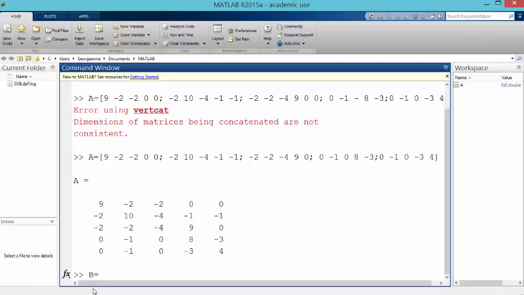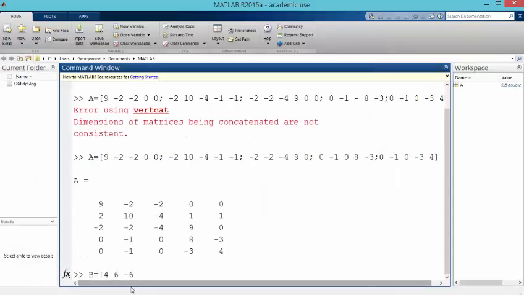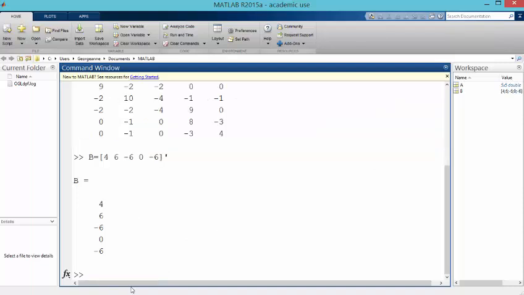B equals matrix 4 space 6 space minus 6, 0 and minus 6. There's a matrix. Now, it is a row vector right now, and I want it to be a column vector. How you do that in MATLAB is to put that mark there, and it will become a column vector. So there it is.